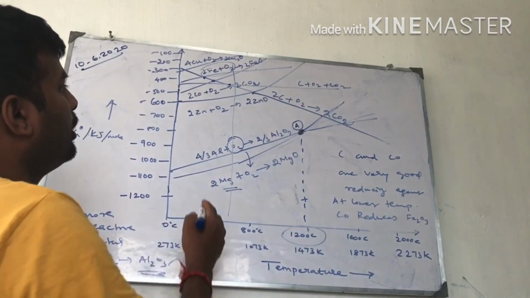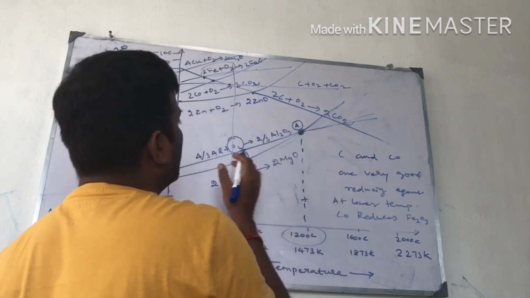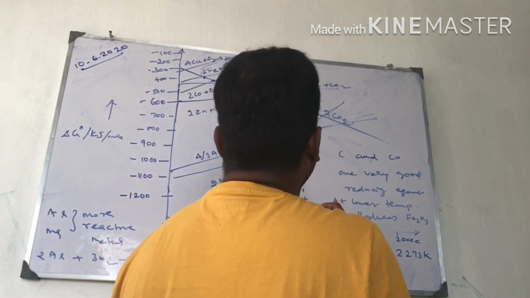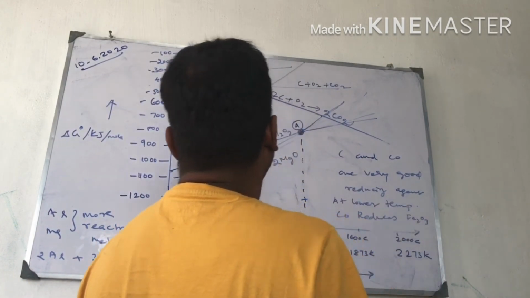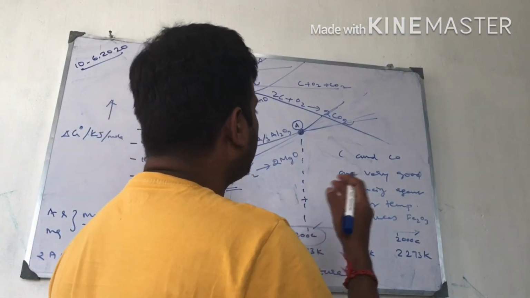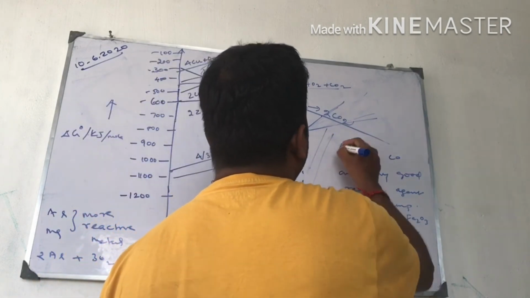That's the second point. Third point: the intersection between magnesium oxide and aluminum oxide is point A, at 1275 Kelvin. Below it magnesium reduces alumina; after 1275, magnesium will not reduce alumina.